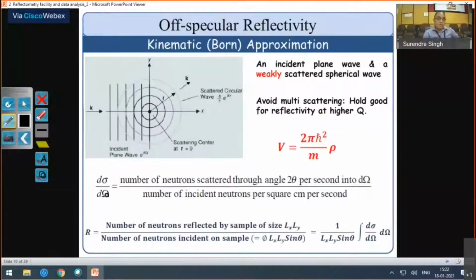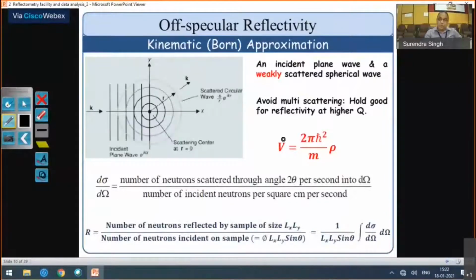But assuming a neutron is falling on the sample, it generates a new source over here, which acts as a new source and then generates the reflected wave. That phenomenon you might have done in the very first lecture, where basic neutron scattering was there.